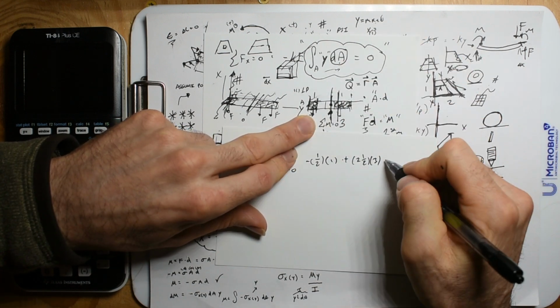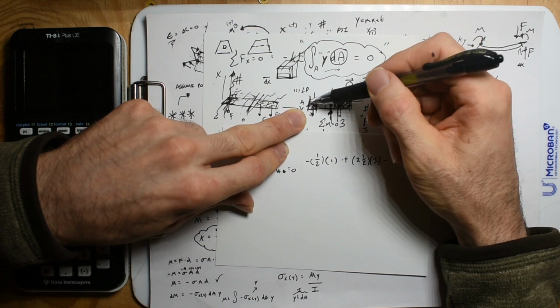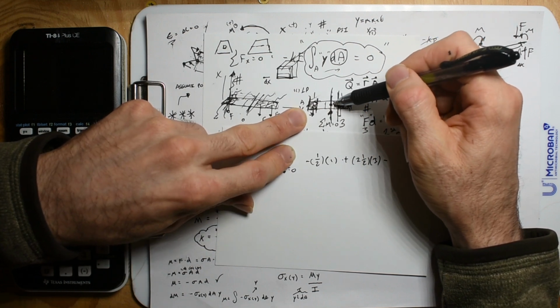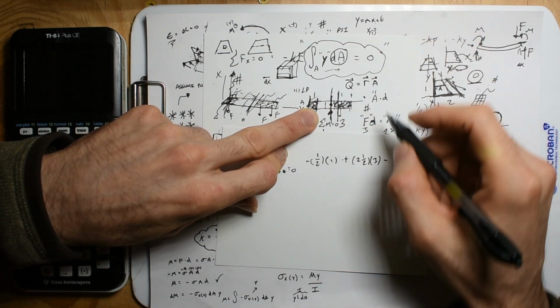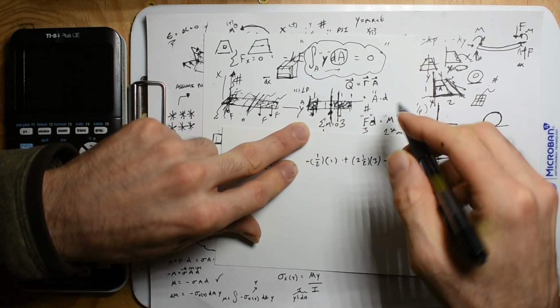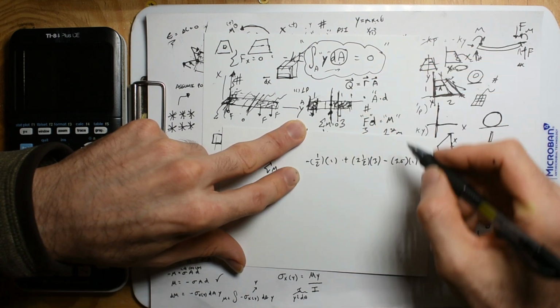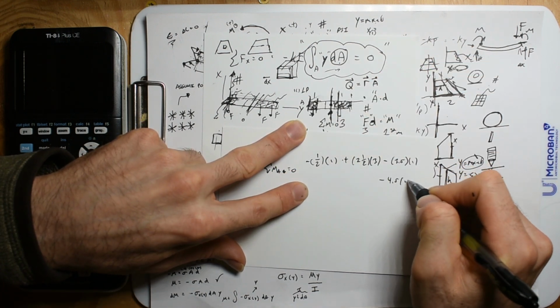These are going to be negative, so minus, I shouldn't have done halves, but whatever. 1, 2, 3, this is going to be 3.5, so 3.5 times 1. And this one's going to be 1, 2, 3, 4, 4.5, so minus 4.5 times 1.